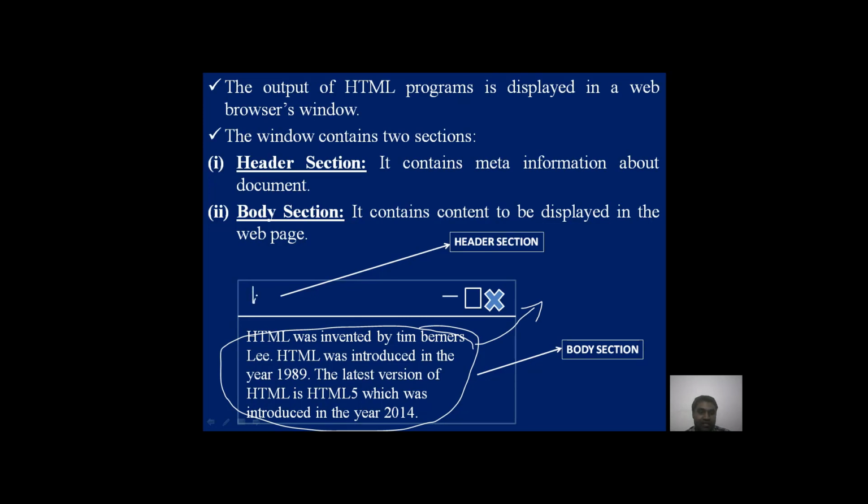In such cases, I can write history of HTML, which can be defined in the header section. So this data, history of HTML, is going to describe the data present in the body section. This is the meaning of metadata.